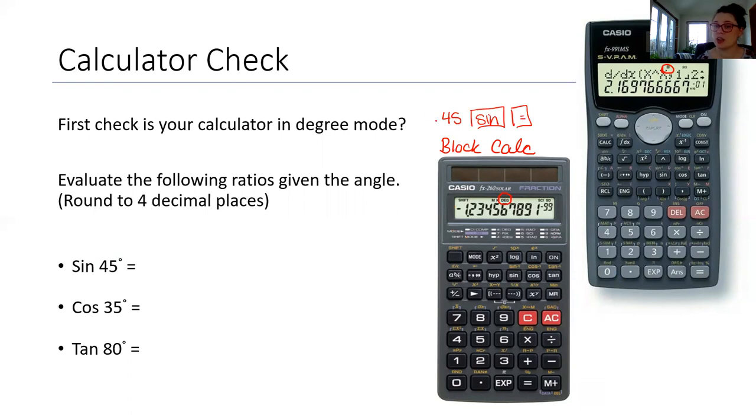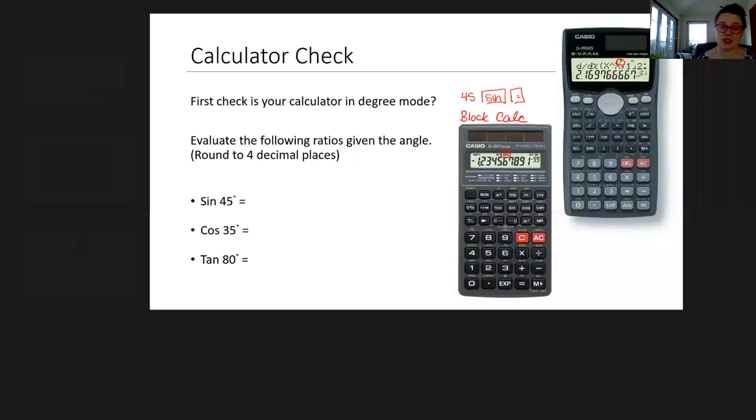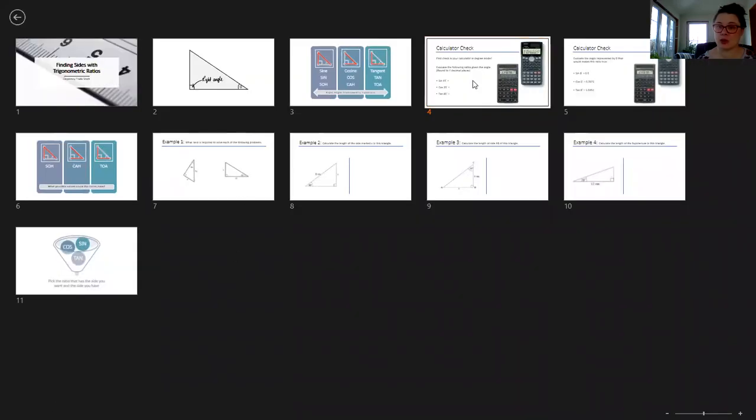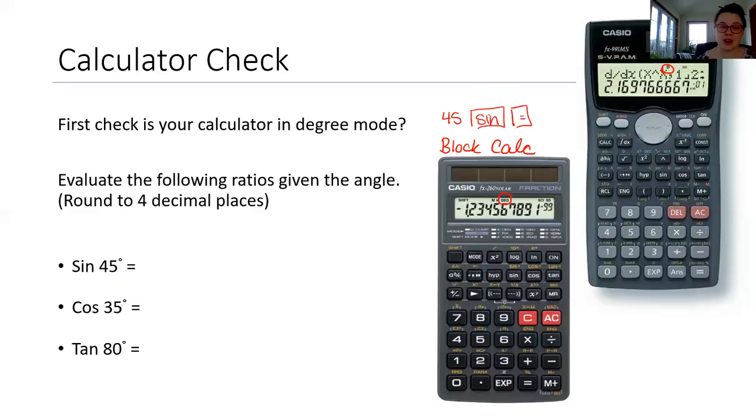So you put the number first. I say backwards because you put the number and then you put sine. That's my reasoning for calling it backwards. If you have that calculator, you should get sine of 45 is equal to 0.7071. Okay, so do a check.